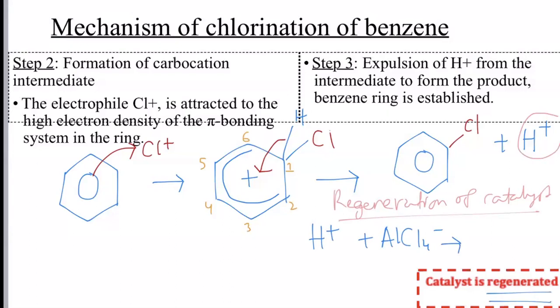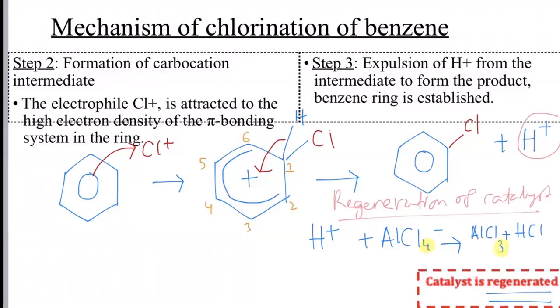Your catalyst is AlCl3. That means your Cl minus from AlCl4 minus combines with H plus. Cl minus plus H plus is HCl. The other product is AlCl3, which is your catalyst.